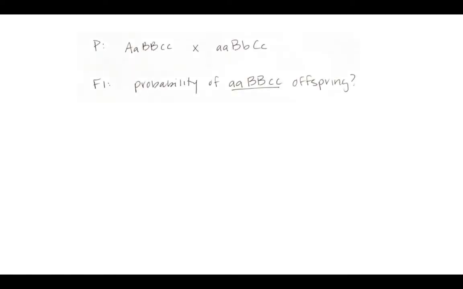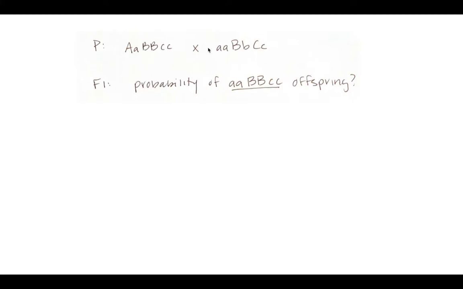These are the same genotypes that we saw on the previous slide. The question is not, what are all the possible babies they can make? The question shifts to, what's the chance that they can make this baby? That's a difference. When we hit 3 traits and beyond, we no longer seek all the possible combinations. We seek a specific offspring. And so here's how we do that.